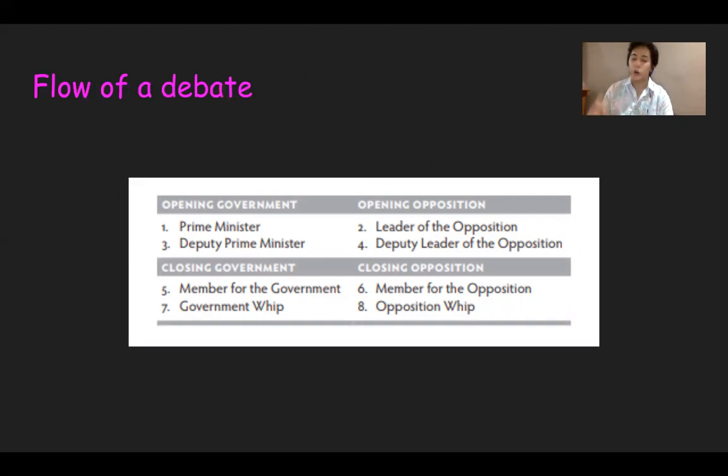But what is important to note is, unlike a lot of other formats where there might be just two teams, the pro and con side, or the gov, op, affirmative or negative, whatever you want to call it, in BP there are four teams. And while there might be two teams per side or per bench, so there might be two government teams, these teams are acting independent of each other and are competing with each other in many ways.